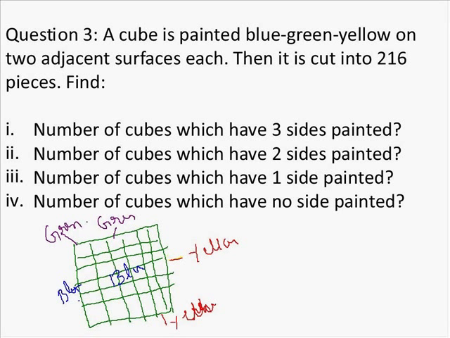Ankit, I'll be coming to those questions. Now, the number of cubes which have 3 sides painted, the answer will come to 8. Those which have 2 sides painted will be 12 into 4, that will be 48. Those which have 1 side painted will be 16 into 6, 96, and this will be 64.